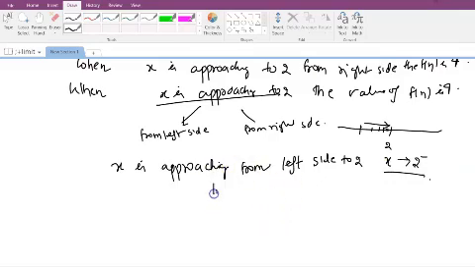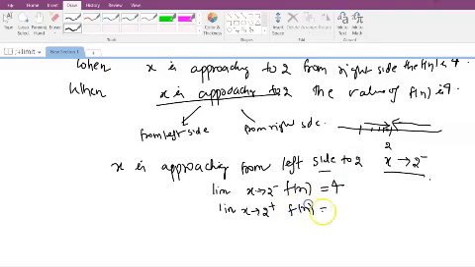So when x is approaching 2 from the left side, the limit of f(x) is 4. So this is how you write it. When x is approaching 2 from the left side, the limit of the function is 4. Similarly, when your x is approaching 2 from the right side, so it is always 2 plus something, right?